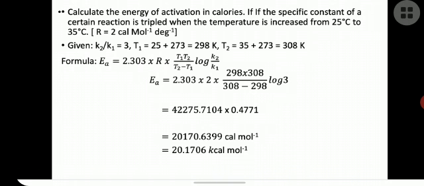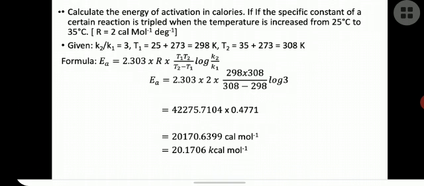Therefore, the formula to determine the energy of activation is 2.303 into R into T1 T2 upon T2 minus T1 into log of K2 upon K1. Therefore, by substituting the above values, we get 2.303 is the constant term, it remains as it was.